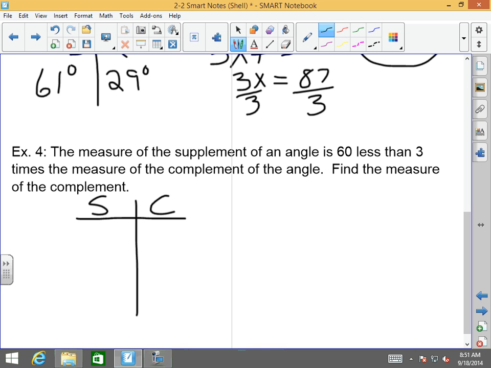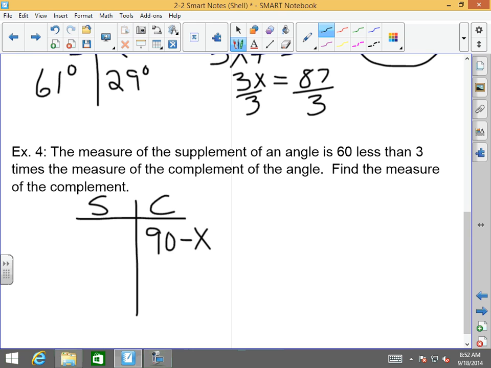What do we know nothing about? The complement, which is 90 minus x. And what do we know about the supplement? The supplement of an angle is 60 less than 3 times the measure of the complement of the angle.